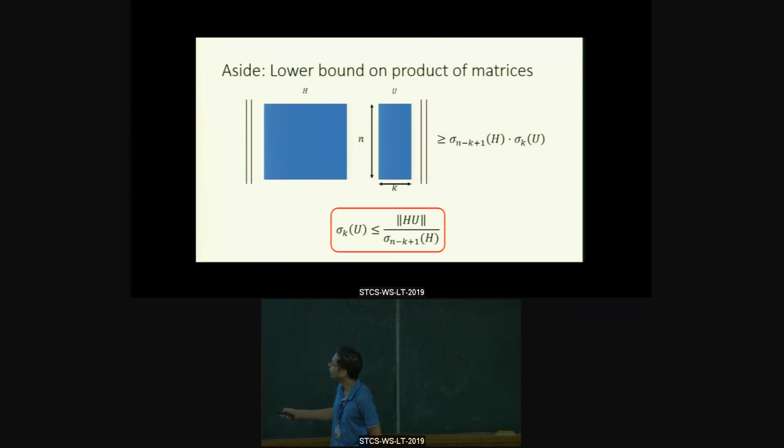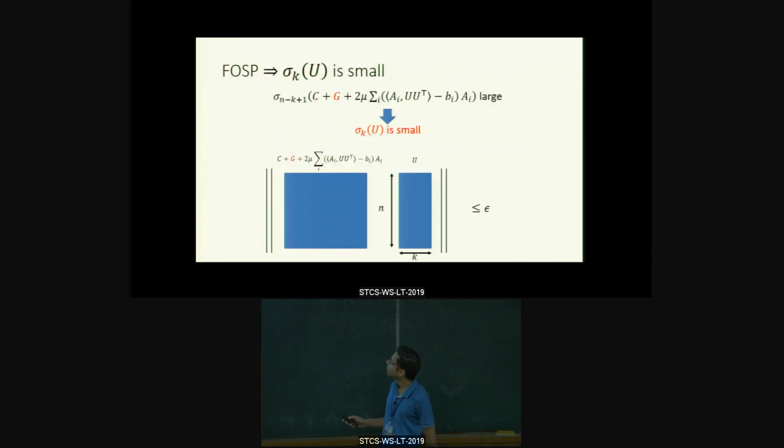So we need a lower bound on this quantity, and then we'll have an upper bound on sigma k of U. What is this thing that we want to lower bound? It has some fixed matrices plus a random Gaussian matrix G. Let's first look at what happens if we just had the random Gaussian matrix without any of these additional terms, and then we'll come to the additional terms.